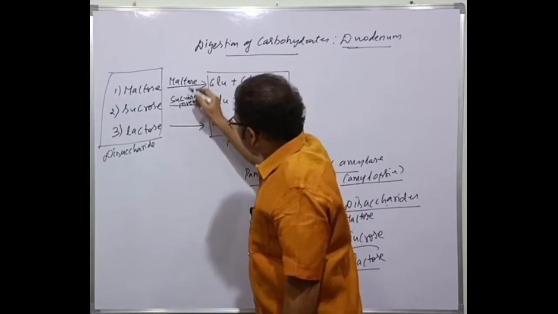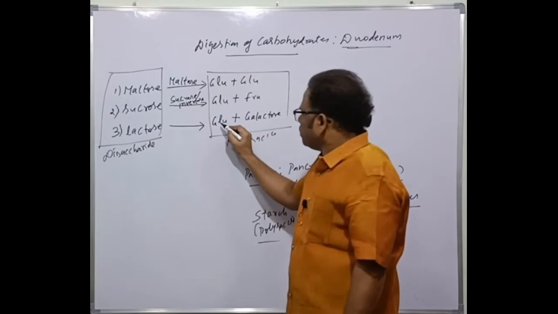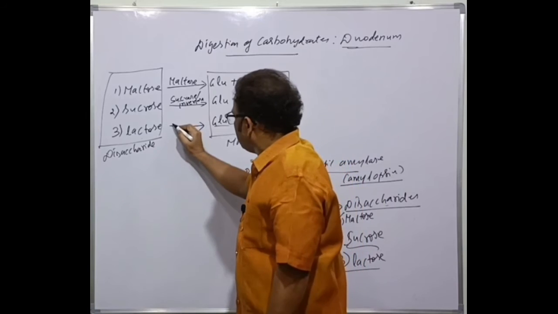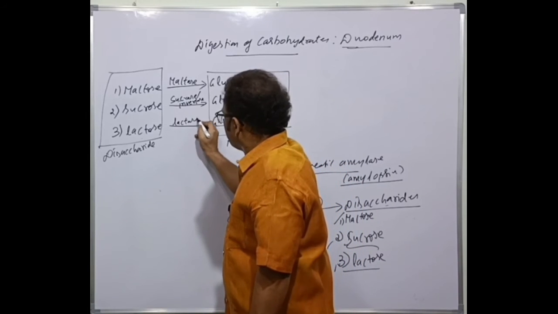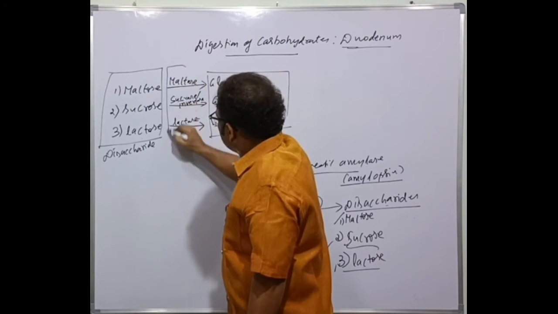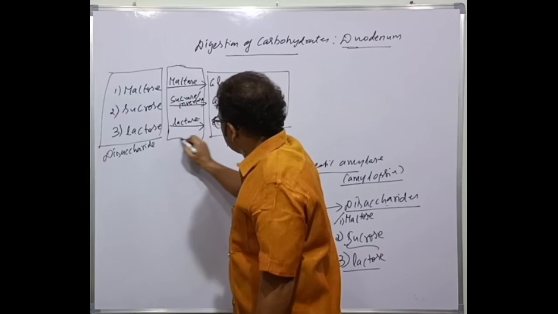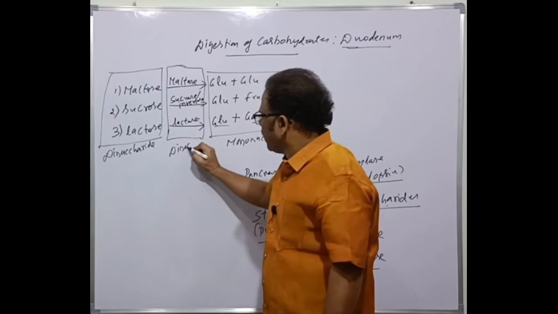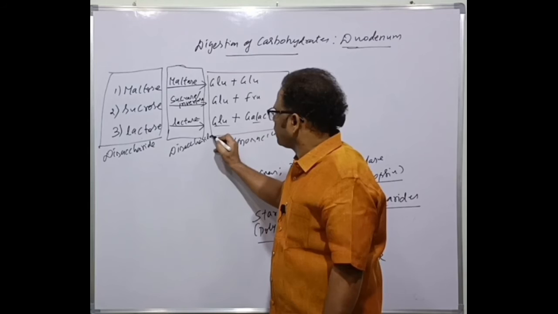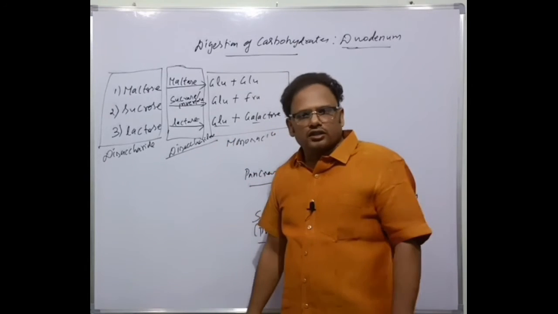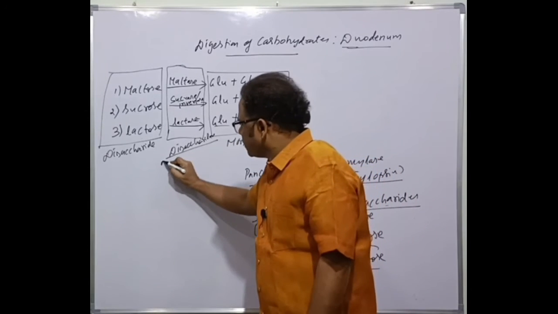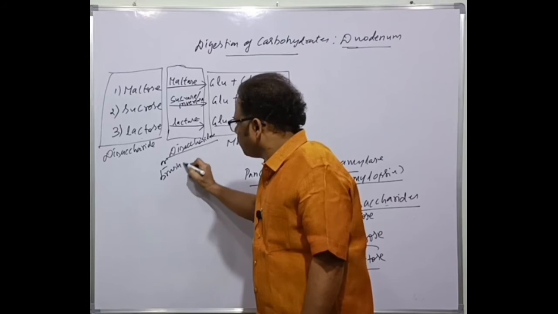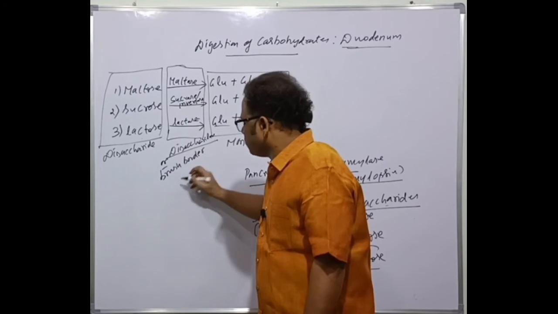Lactose into glucose and galactose is in the presence of which enzyme? Lactase. So these are the disaccharidases. Disaccharidases are nothing but brush border enzymes, present near the microvilli.